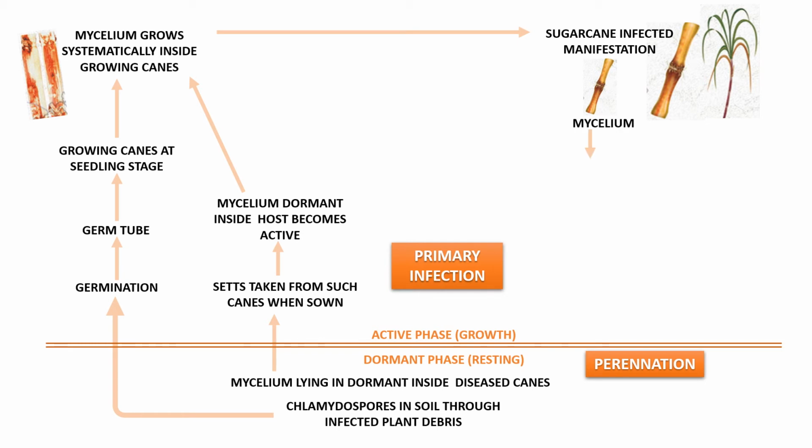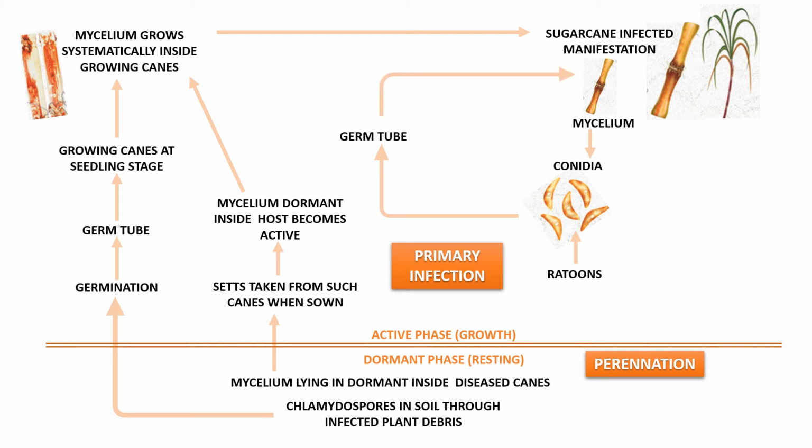Inside, the mycelium produces the conidia. Conidia are hyaline, that is translucent, single-celled and falcate in shape. These conidia germinate and form a germ tube, which again forms the mycelium inside another sugarcane plant, and thus the secondary infection cycle is seen.